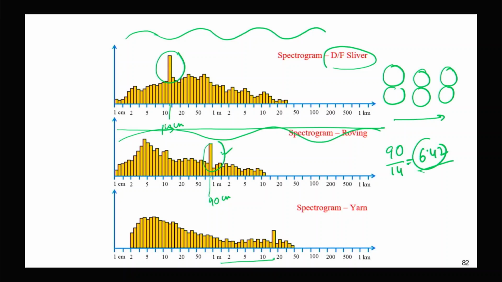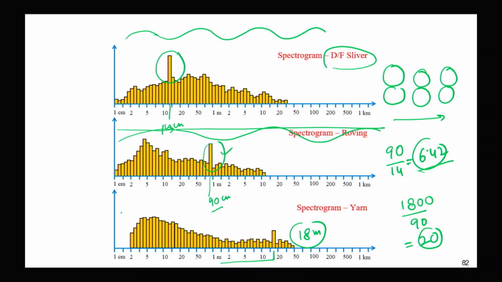to several times. Suppose it's 18 meter, so 90 centimeter, 18 meter, so 1800 by 90, 20.